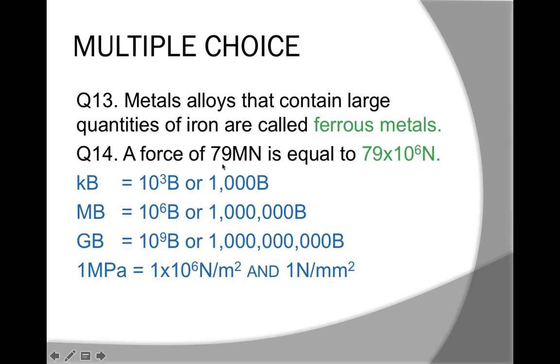A kilobyte is 1,000 bytes, a megabyte is 1,000,000 bytes, a gigabyte is 1,000,000,000 bytes, or 10 to the 9. A megapascal is 1 times 10 to the 6 newtons per meter squared, but as a simplification, I call these the grease units, 1 newton per millimeter squared. I have a song that goes with that. We go together like megapascals and millimeters squared. That is not the last time you're going to hear that song.